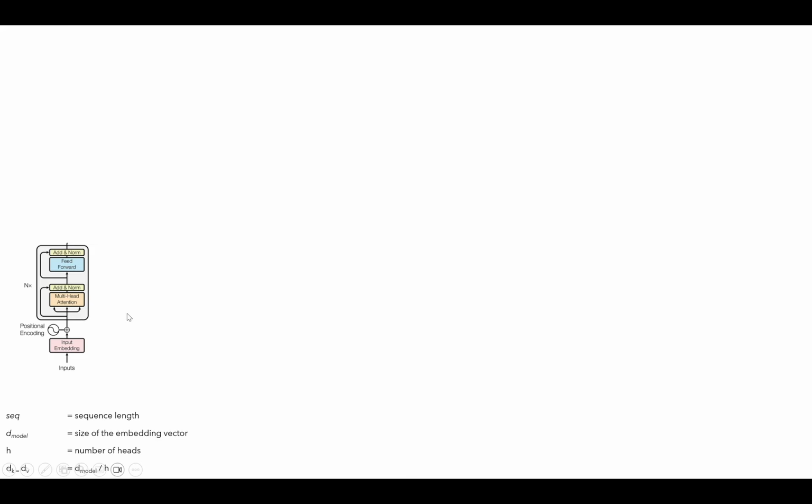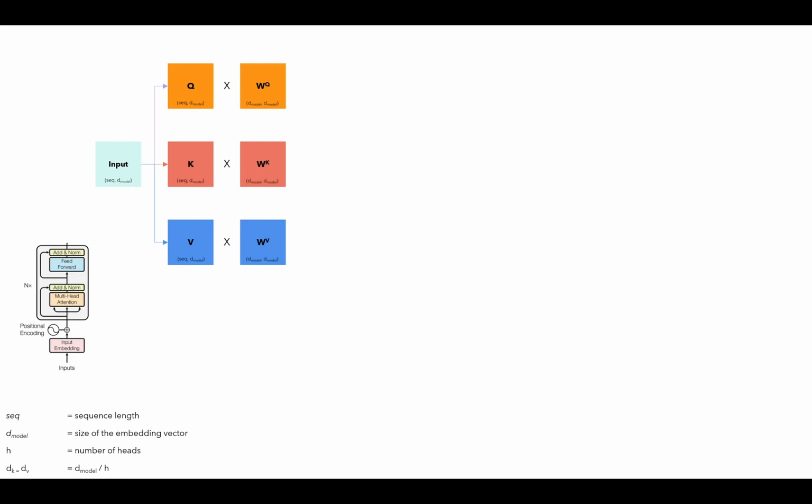And the multi-head attention basically works like this. We have our input sequence, which is sequence length by D model. We transform it into 3 matrices Q, K, and V, which are exactly the same as the input in this case, because we are talking about the encoder. We will see that in the decoder it's slightly different. And then we multiply this by matrices called WQ, WK, and WV. And this results in a new matrix of dimension sequence by D model.